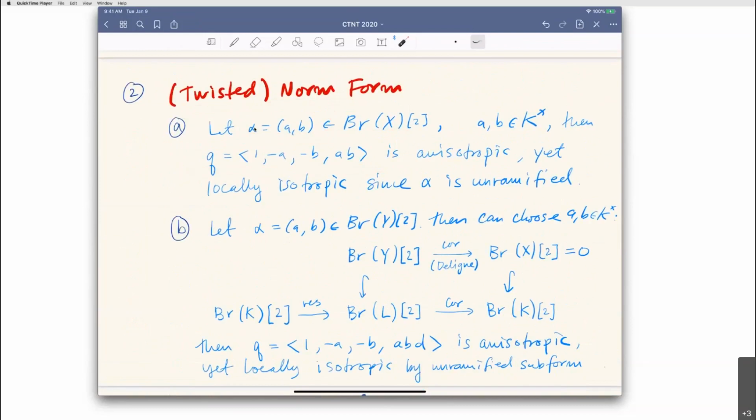Yet it's locally isotropic because this algebra is unramified. Locally, the isotropy can be measured by residue maps, and the residue maps for an unramified form are 0 because the form has good reduction. These residue maps all vanish, and so this is an example.